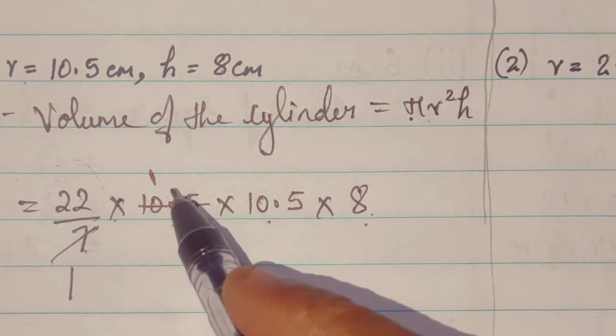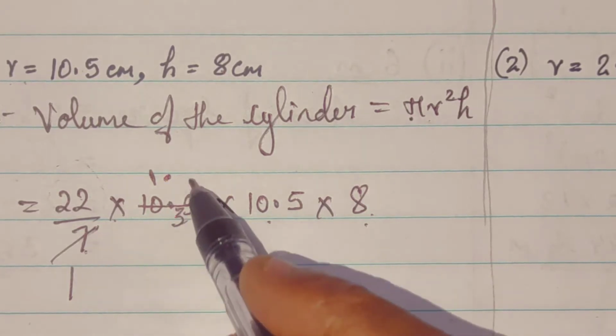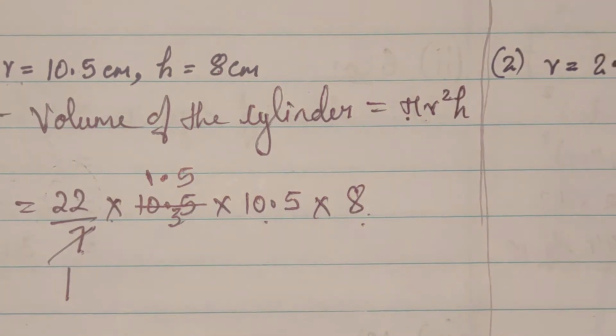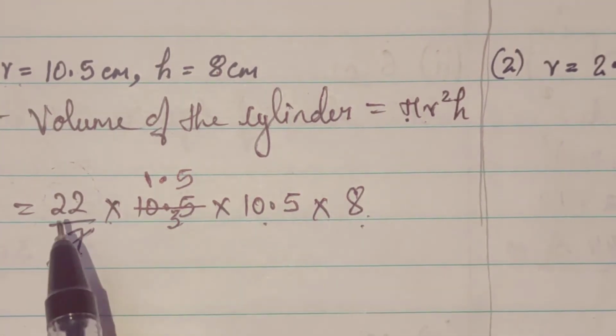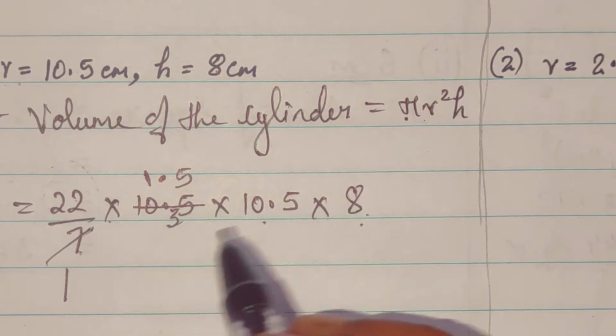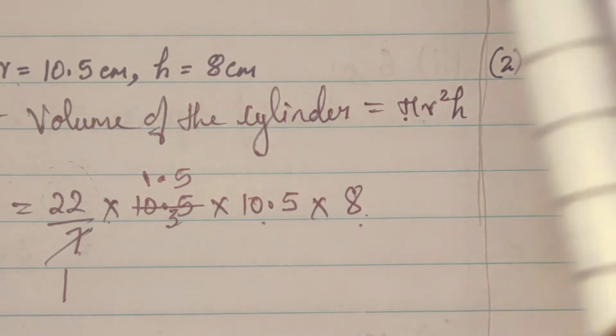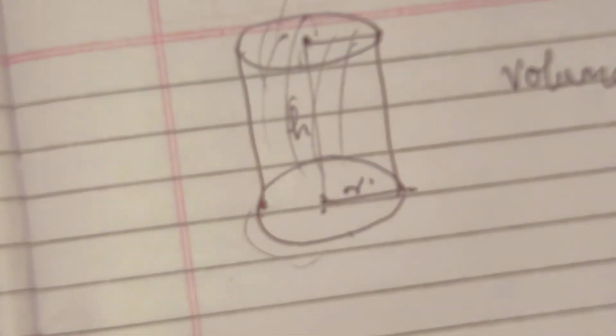It became 35. So this decimal, then 7 5s are 35. Now we have to multiply all this. We will multiply all of these.